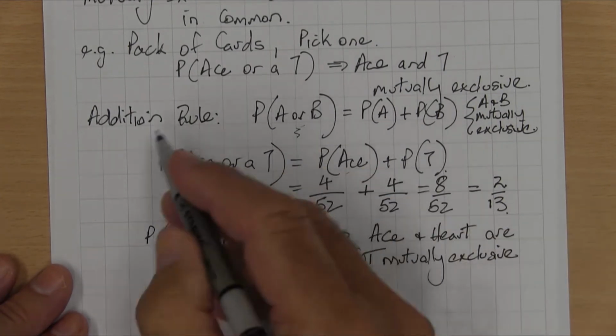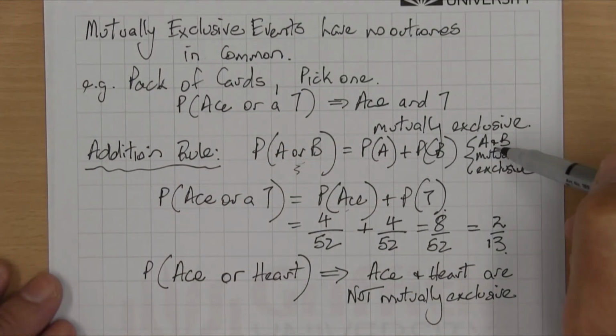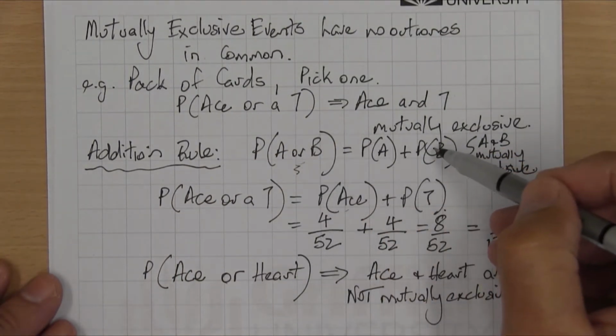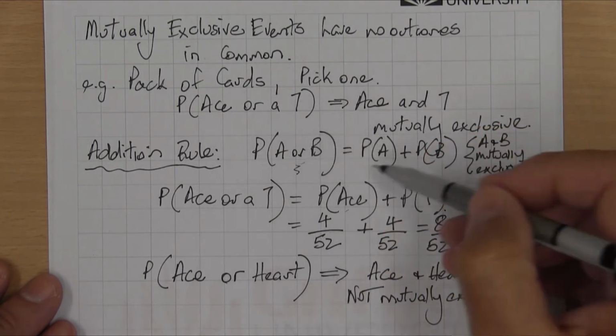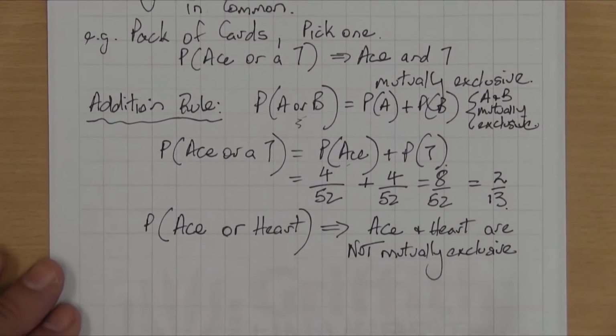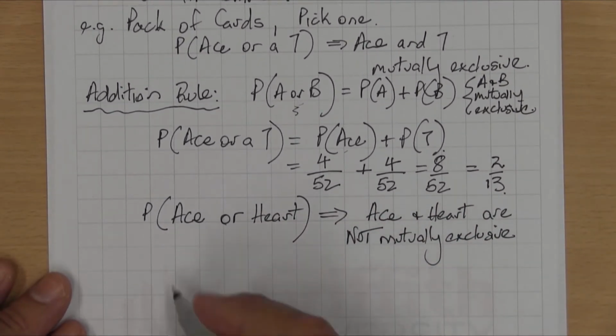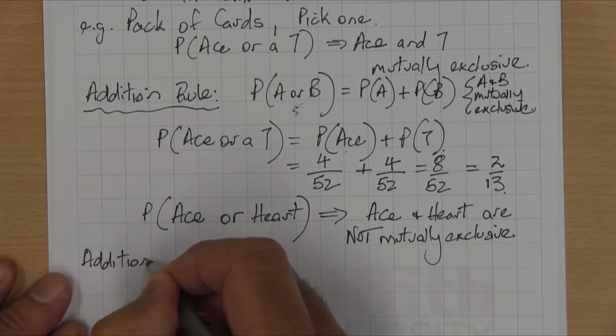So the addition rule that we've used up above, that probability of A or B is equal to probability of A plus probability of B, is not going to work down here, because this is only going to occur when A and B are mutually exclusive. So the addition rule has to be changed.